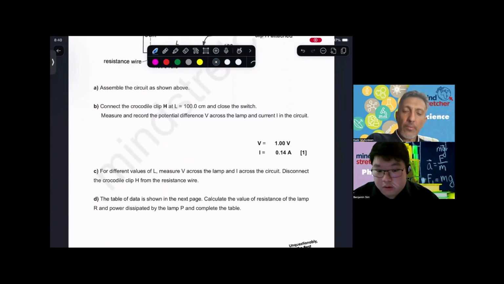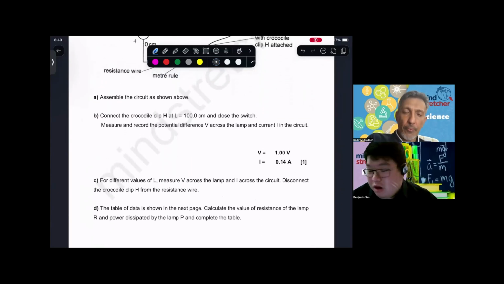Of course it's not fair because we don't have the experiment on hand, so please take down the value here. V will be 1.0 and I, which is the current, will be 0.14 ampere. I get you all to write this down first.